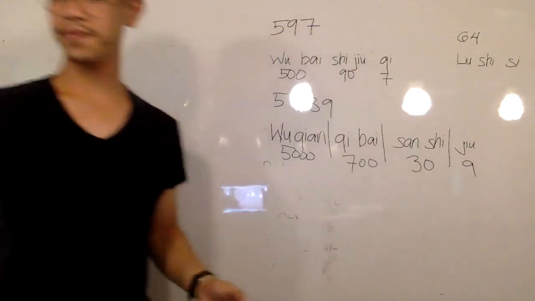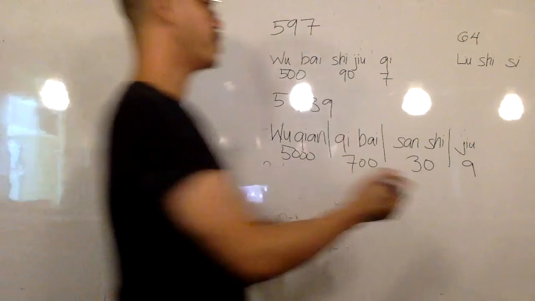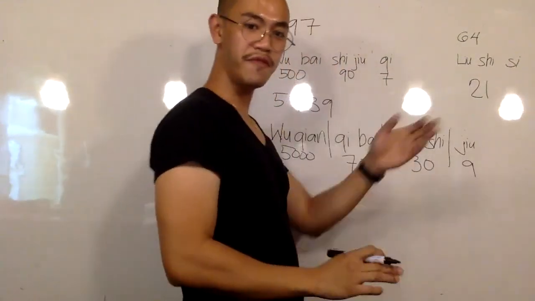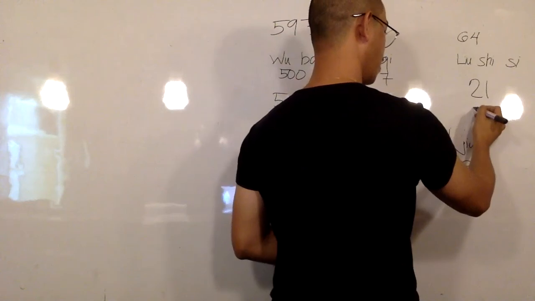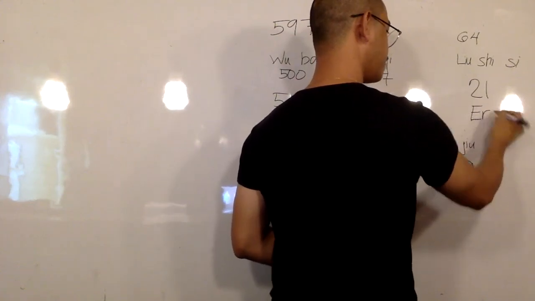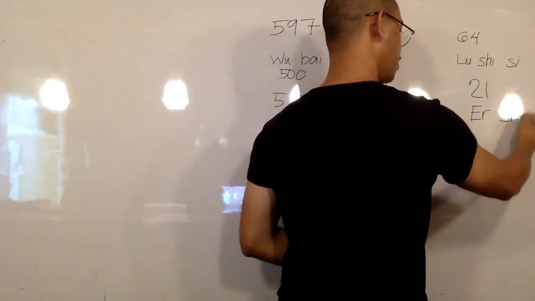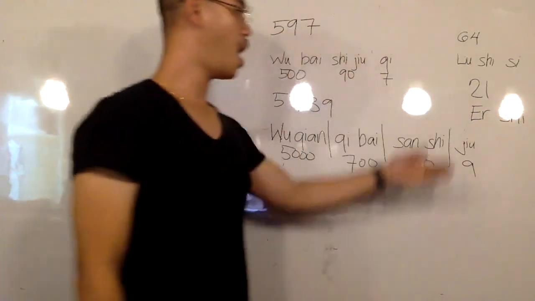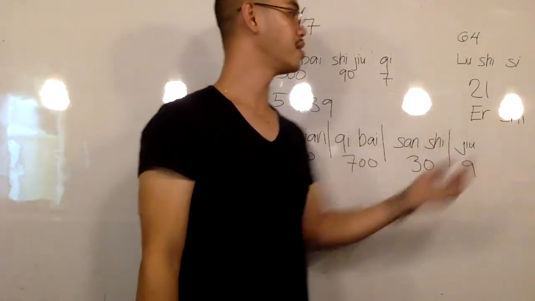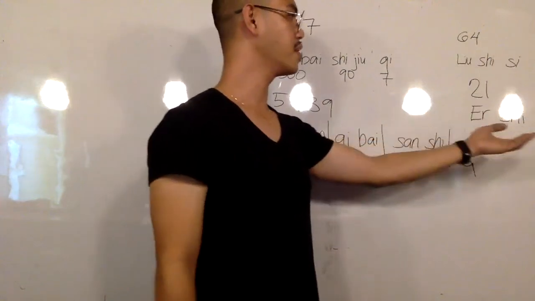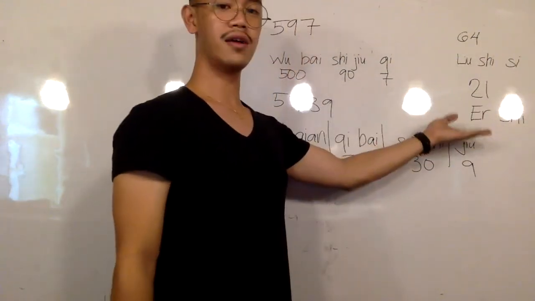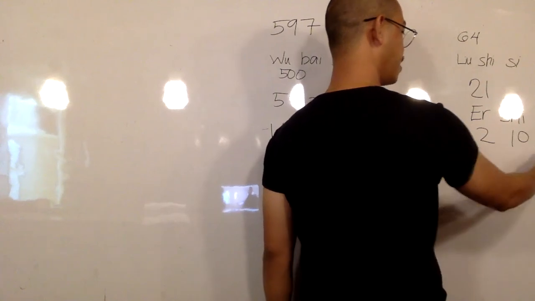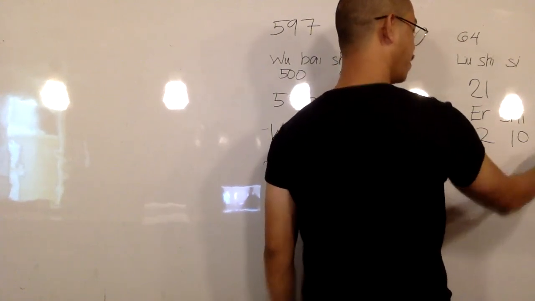Very good. How about 21? Èr shí yī, which means 2, 10, and 1.